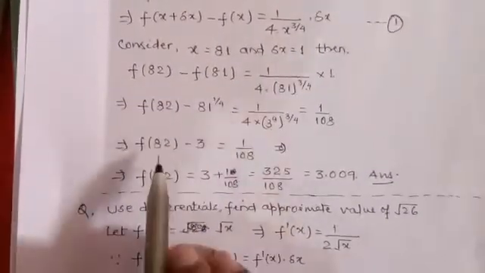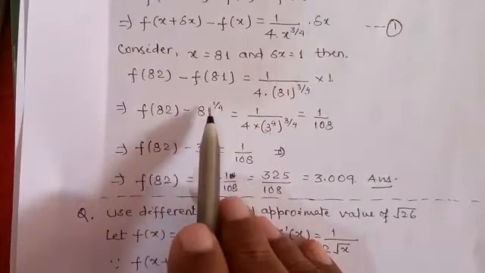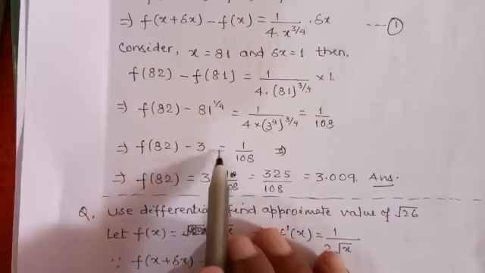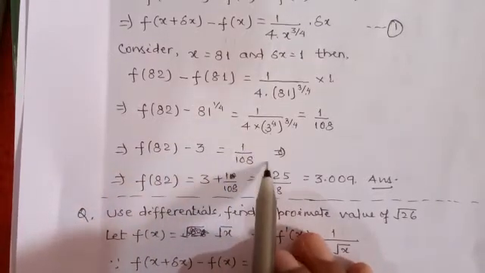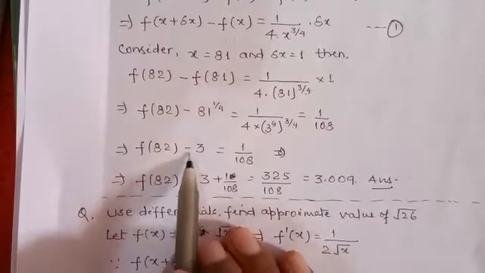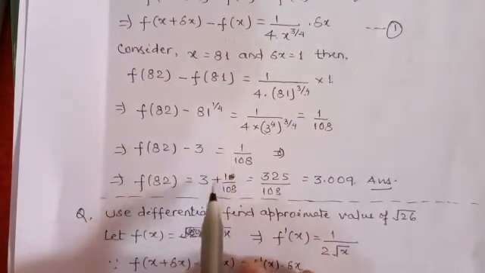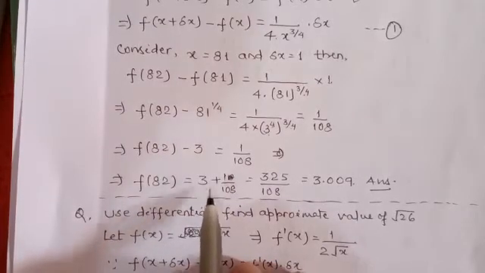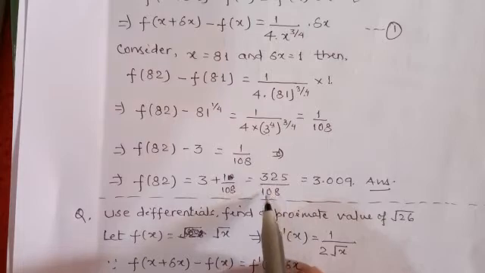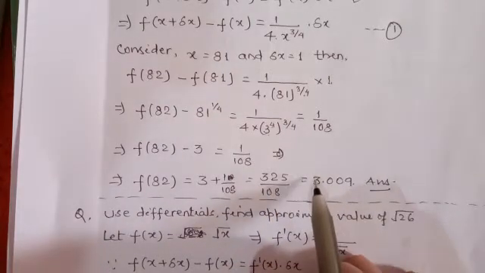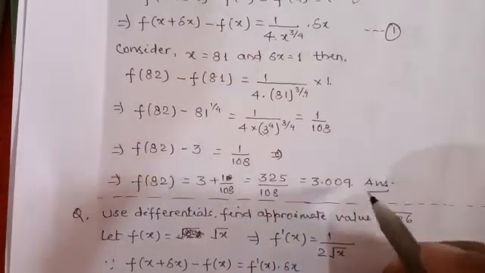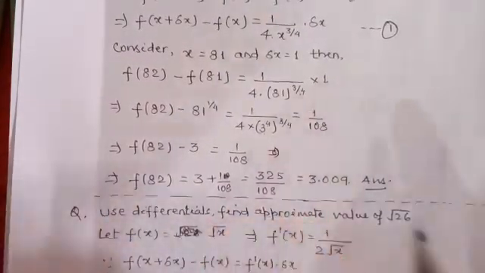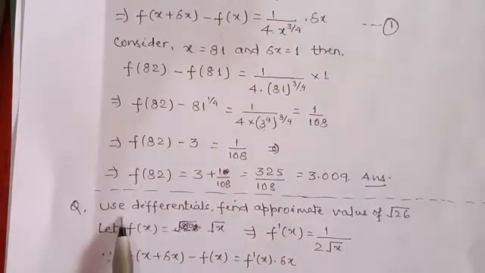So f(82) minus 81 to the power 1 by 4, that is 3, is equal to 1 upon 108. Hence f(82) is, this 3 becomes positive on the right side, so 3 plus 1 upon 108 after taking LCM. So it should be 325 upon 108, whose value is 3.009, which is the approximate value of the fourth root of 82. See the next question.